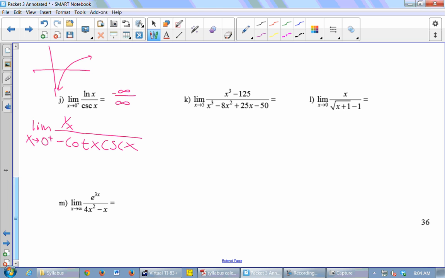All right, what's the cotangent of 0? Cotangent is cosine over sine. Cosine of 0 is 1. So that's going to go to infinity. And cosecant is 1 over sine, also going to go to infinity, right?